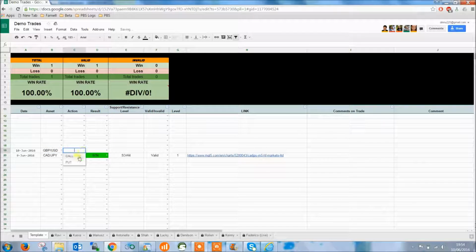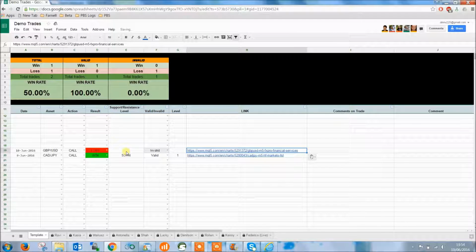Is it a call or put? It should be a call, but is it a winner or loser? It's a loss, and there is no barrier, so that's invalid. So it's an invalid setup, and then we post a link like that.